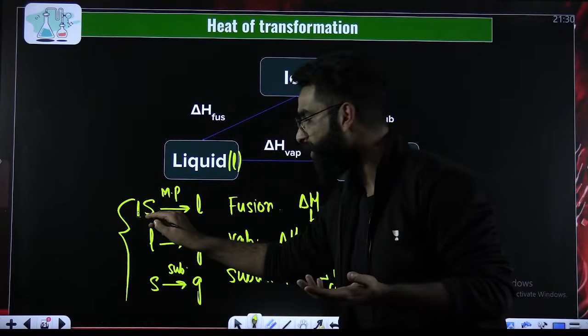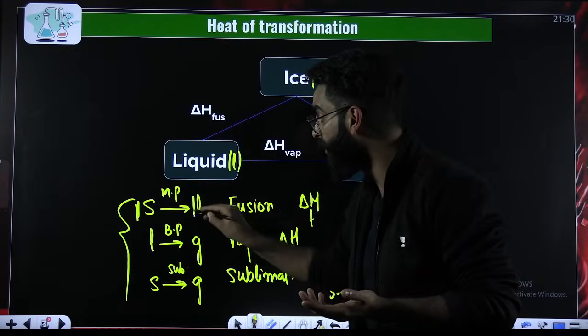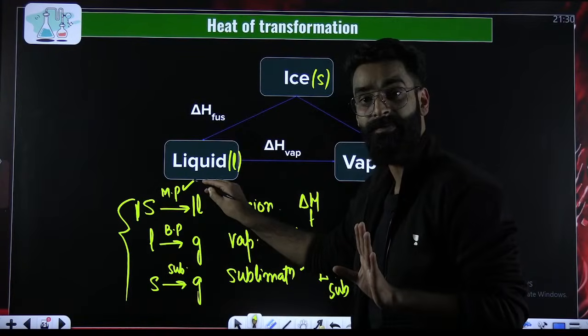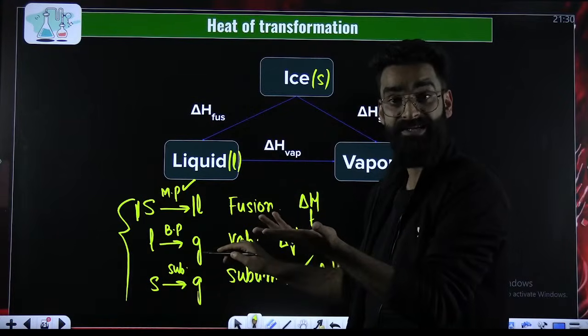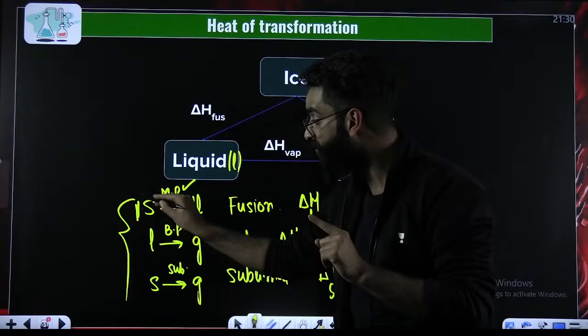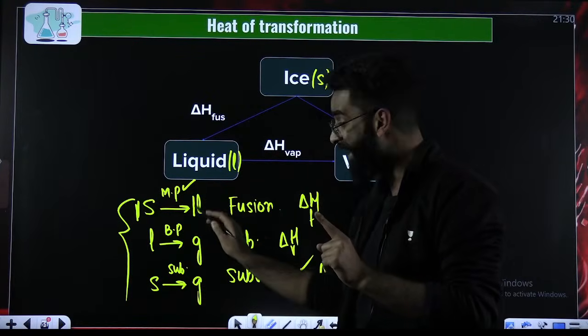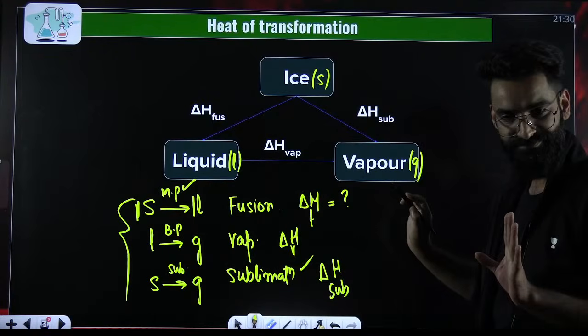When 1 mole of solid gets converted into 1 mole of liquid at its melting point, heat is required. Whatever amount of heat is required to convert 1 mole of solid into 1 mole of liquid at its melting point, that is called enthalpy of fusion.